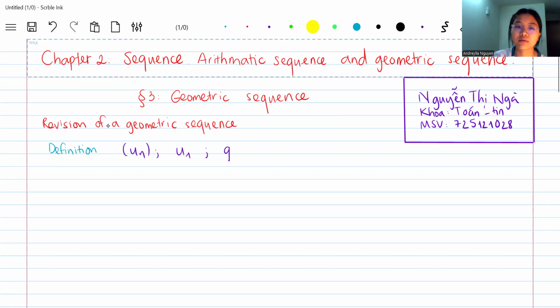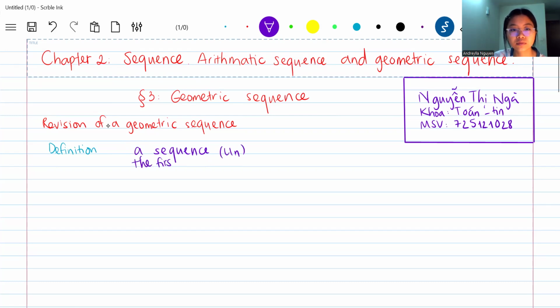I can write down the detail: I have a sequence U_n, the first term denoted by U1, and my common ratio is q.